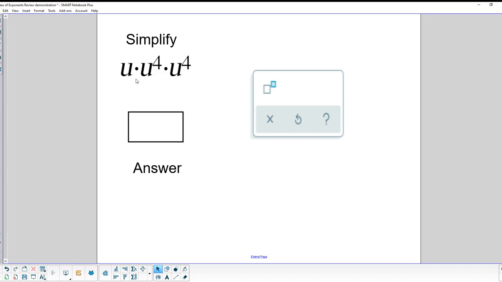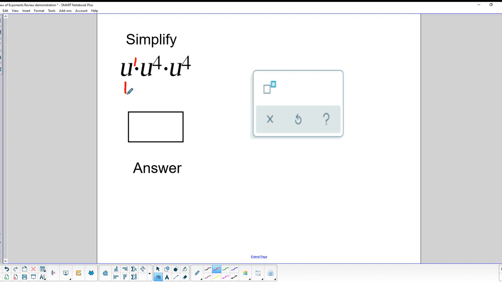So this first one says simplify. And it looks like we're going to be using the product rule where we multiply exponents that have the same base. And in this case, the same base that they have is u. So we have to keep in mind that this u over here that has no exponent written on it still has a 1 on there. And so when the rule is that when you multiply exponents with the same base, you just add the exponents.